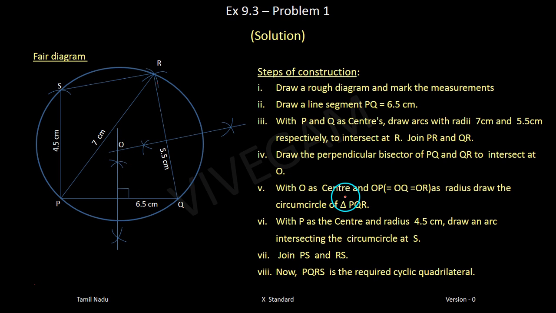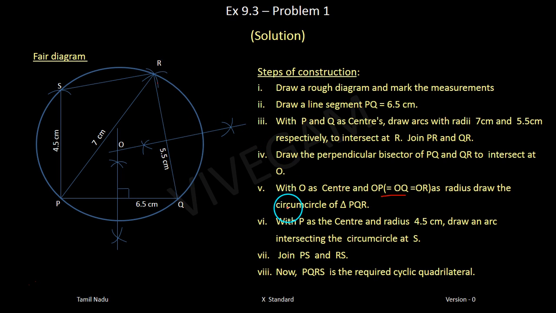Now with O as a center and OP or OQ or OR, all three are equal, as radius, draw the circle of triangle PQR. PQR we have already done, right? This is a triangle. Now with O as a center, OP as radius, draw this circumcircle, which will actually enclose the triangle PQR.